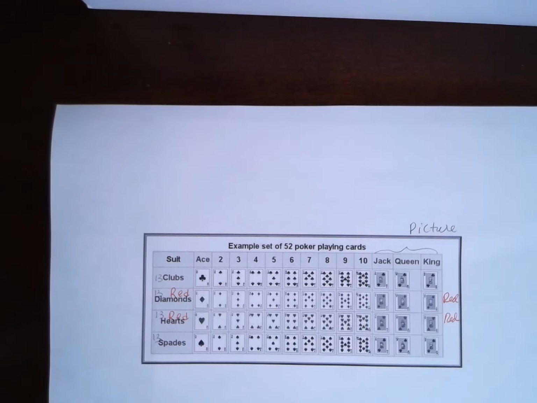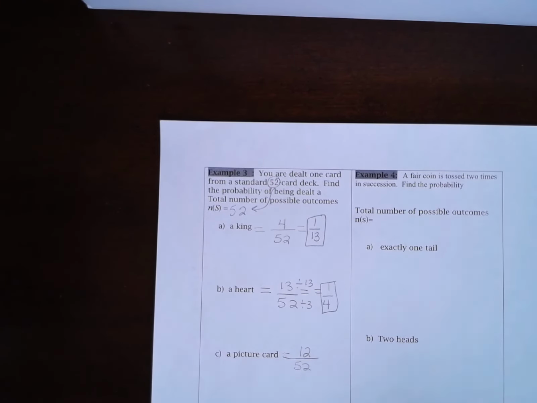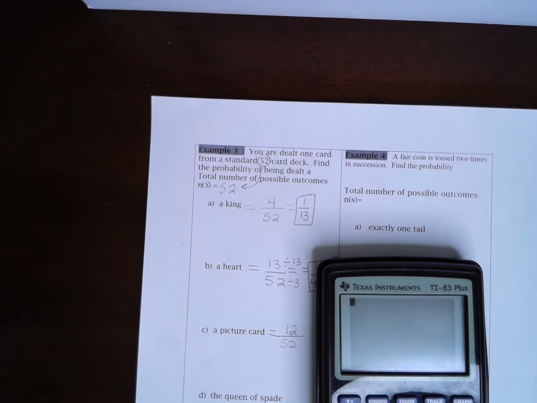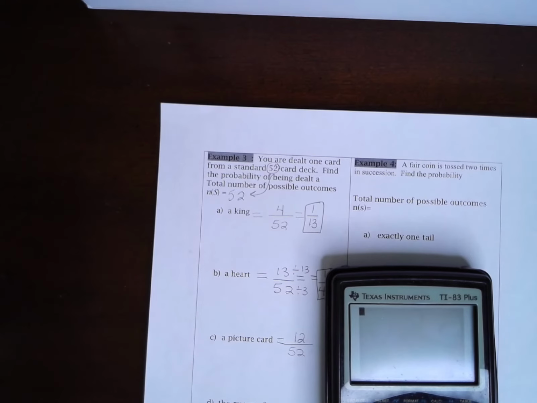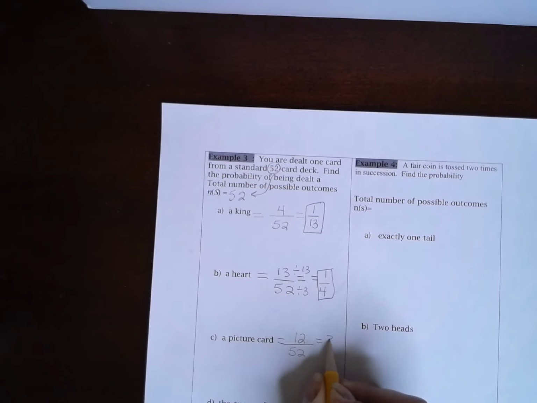So they have pictures. And in this case, there are 12 of them. So this is going to be 12 out of 52. And we can enter this in the calculator. Okay, so I'm going to clear this. I will enter in the calculator 12 divided by 52. Press the math key and enter twice. And it says 3/13. So this fraction simplifies to 3/13.